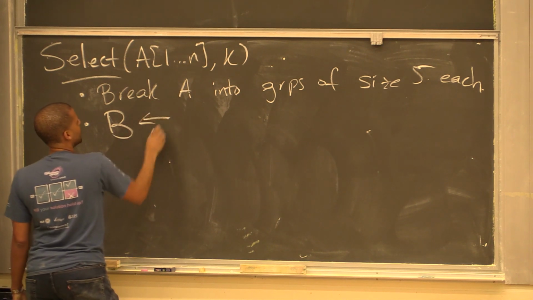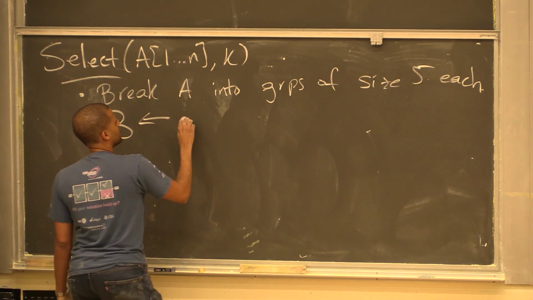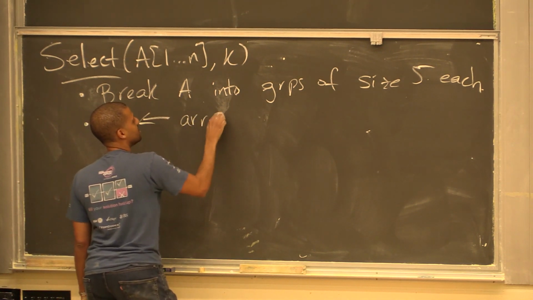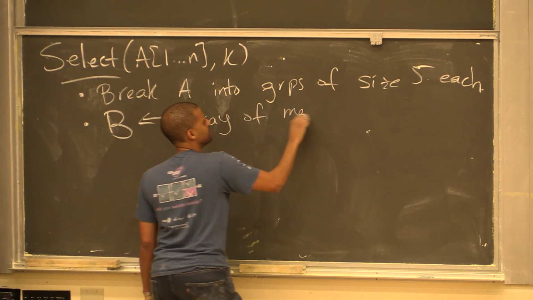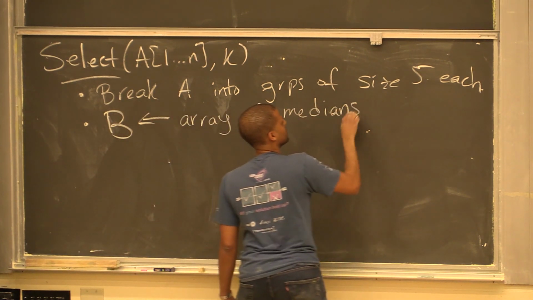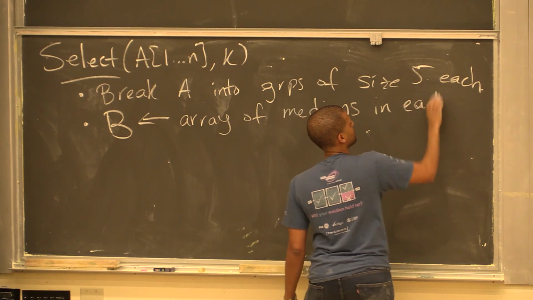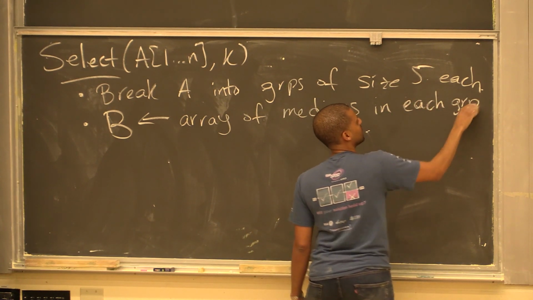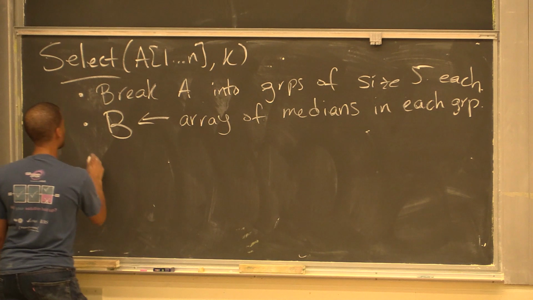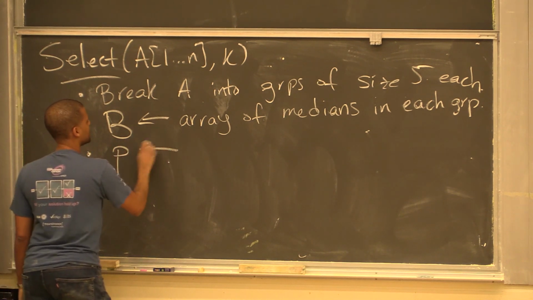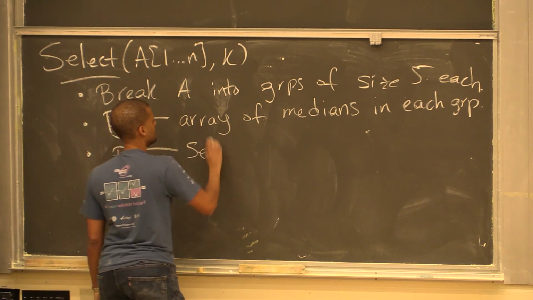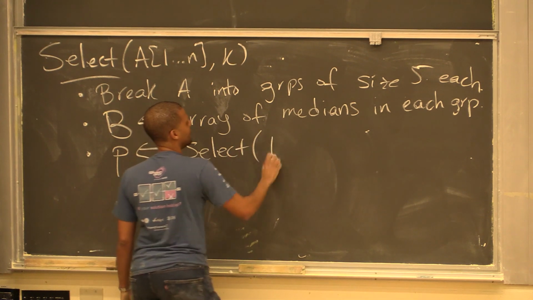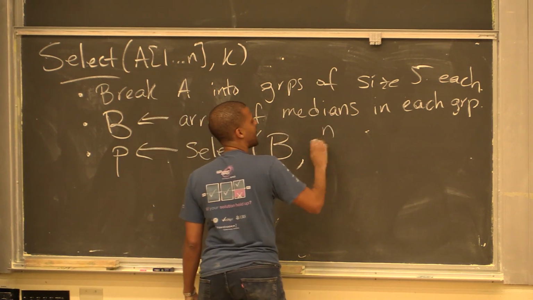B is an array which is the array of medians in each group. P is going to be my pivot. P is going to be select on B, with K being n over 10.